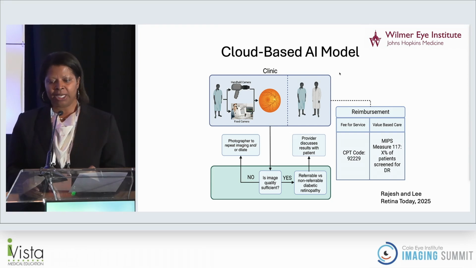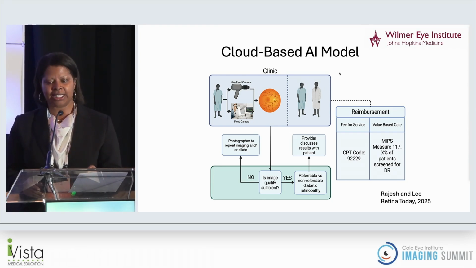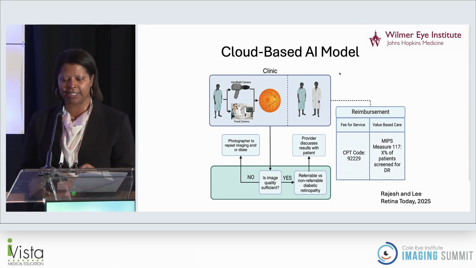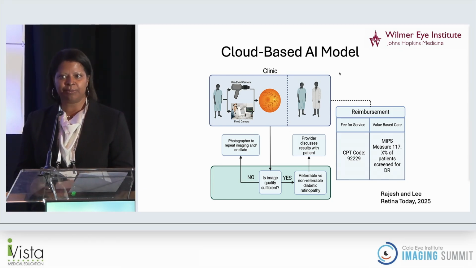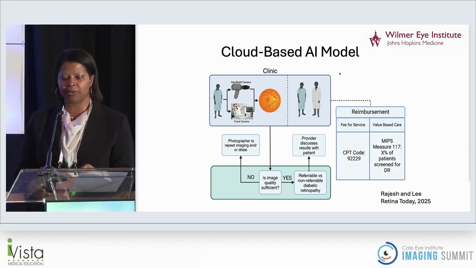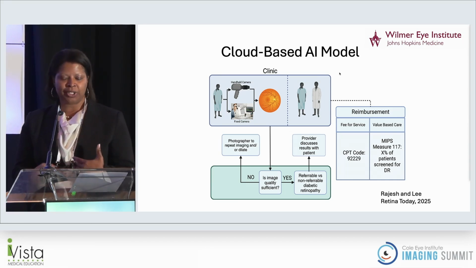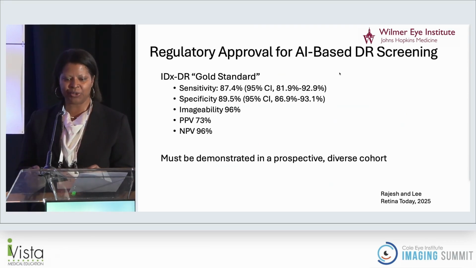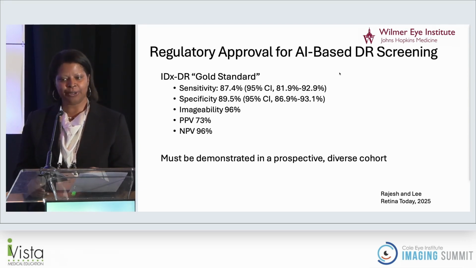Reimbursement is also in place, although it is fairly modest. It has a CPT code now, and doctors can potentially use this for some of the reimbursements from the screening measures or MIPS measures that we theoretically get reimbursed for. So this could potentially be helpful for revenue.